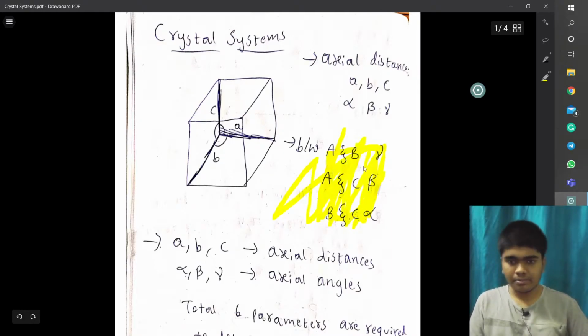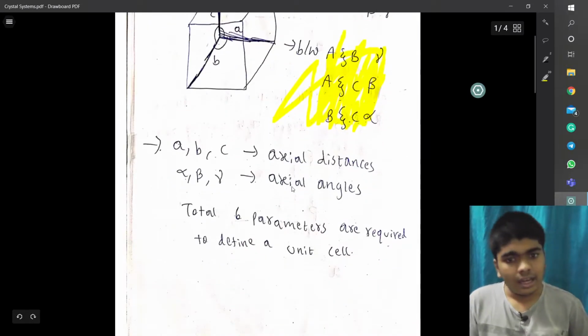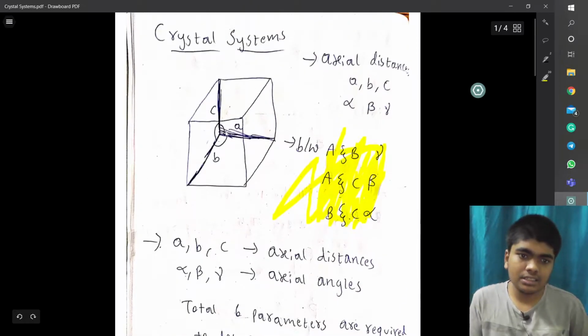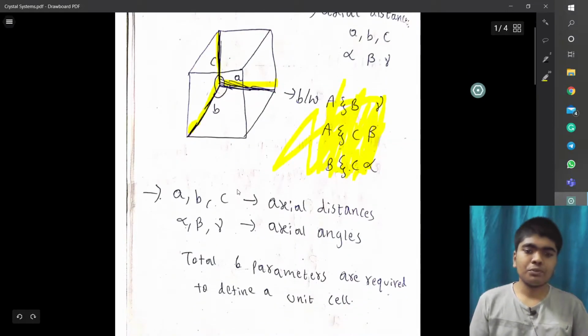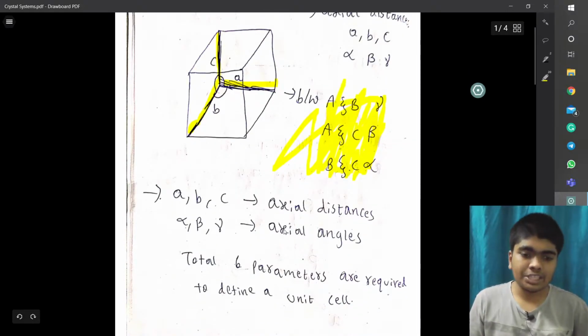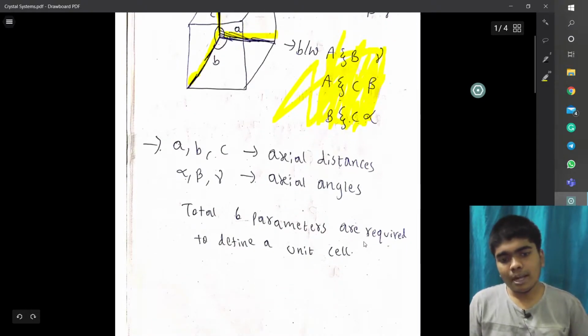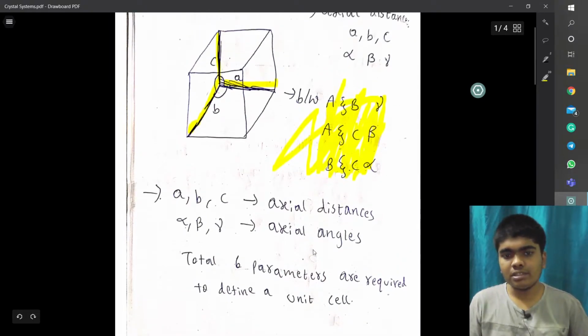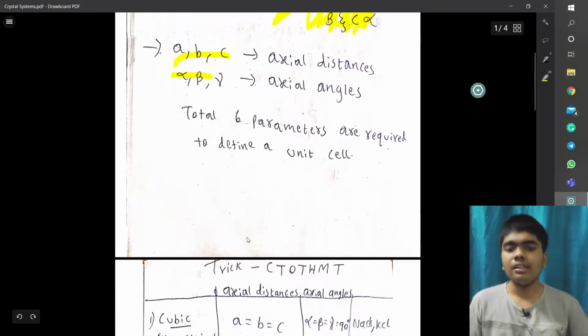A, B, C are the axial distances, and alpha, beta, gamma are the axial angles. So a total of 6 parameters are required to define a unit cell.